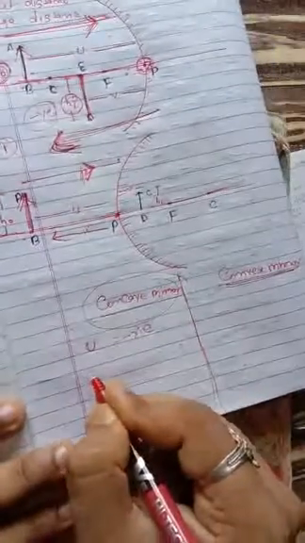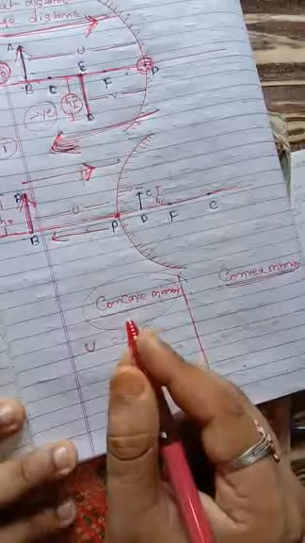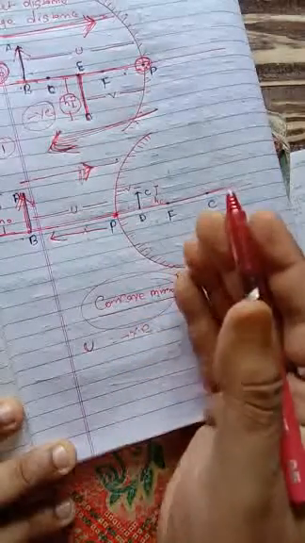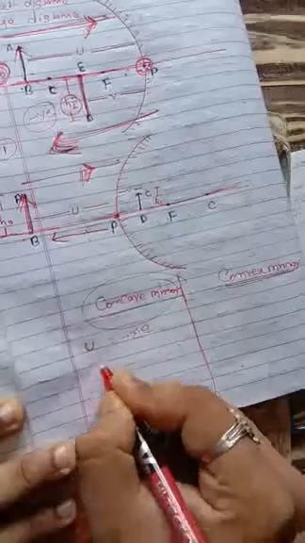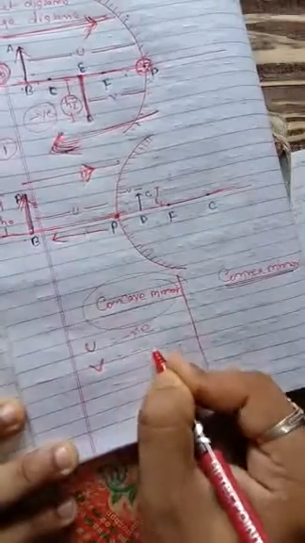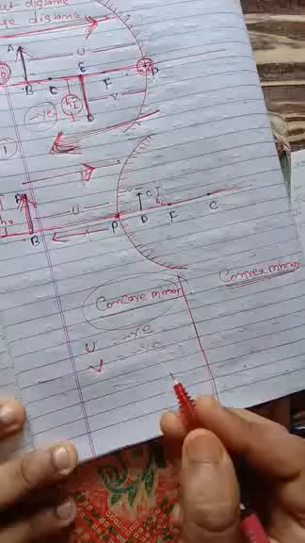Since the concave mirror forms a real image, the image is also formed in front of the mirror, so the image distance is also negative. Where the image is formed, we take the focus of that side.